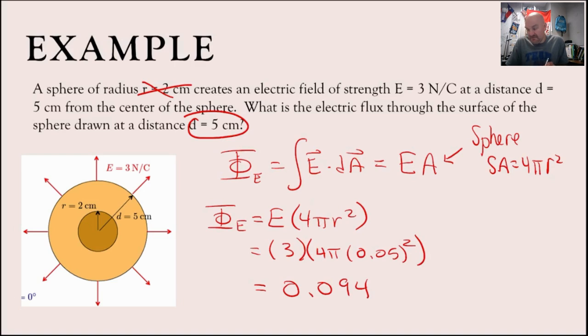You have 0.094 newton times meter squared per coulomb electric flux. That means this is your unit for flux: newton times meter squared, divided by coulomb. I always like to write the subscript E because coming up we're going to be doing magnetic flux as well.